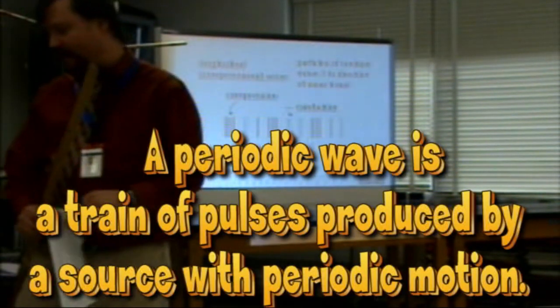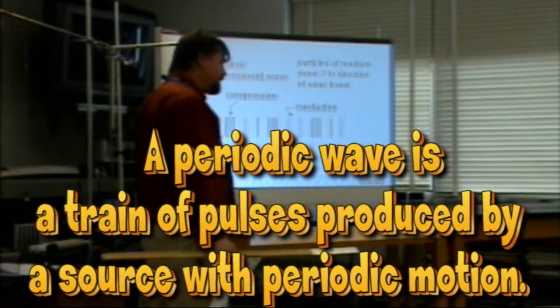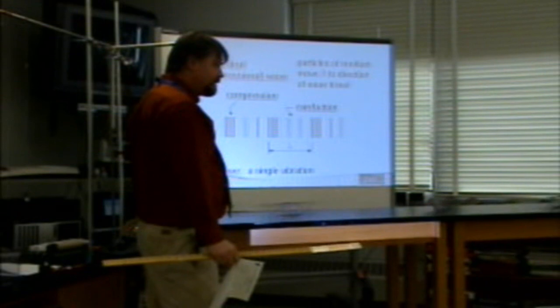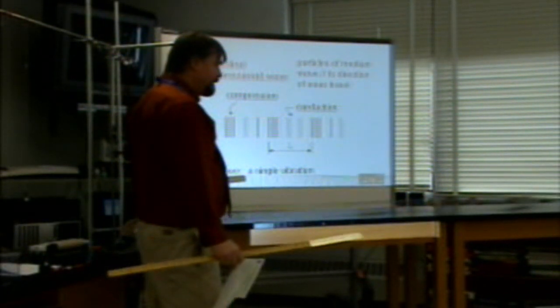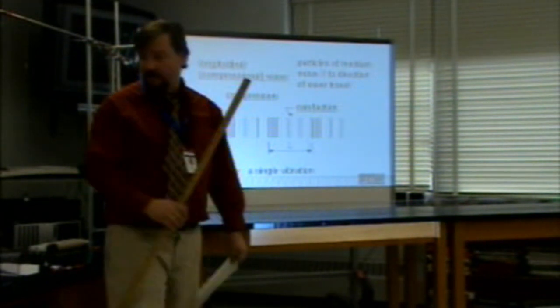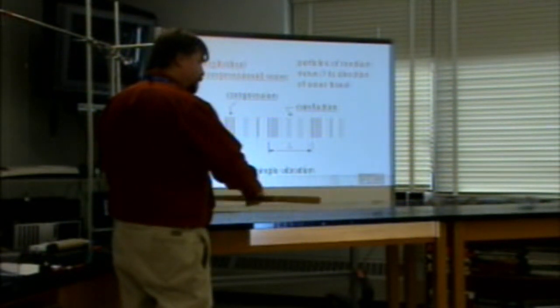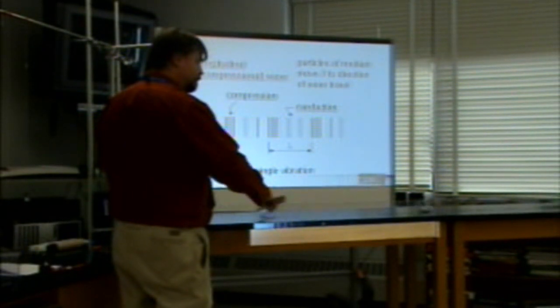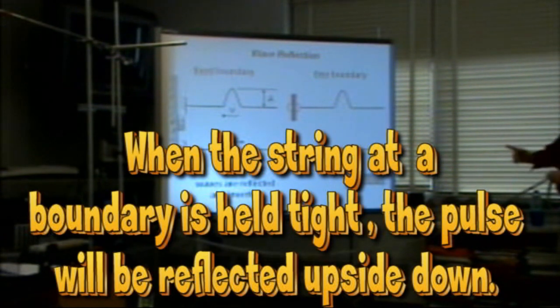And a periodic wave is a repeated motion, just like simple harmonic motion, right? I keep repeating it over and over again. That is a periodic wave, a repeated motion over and over and over and over.